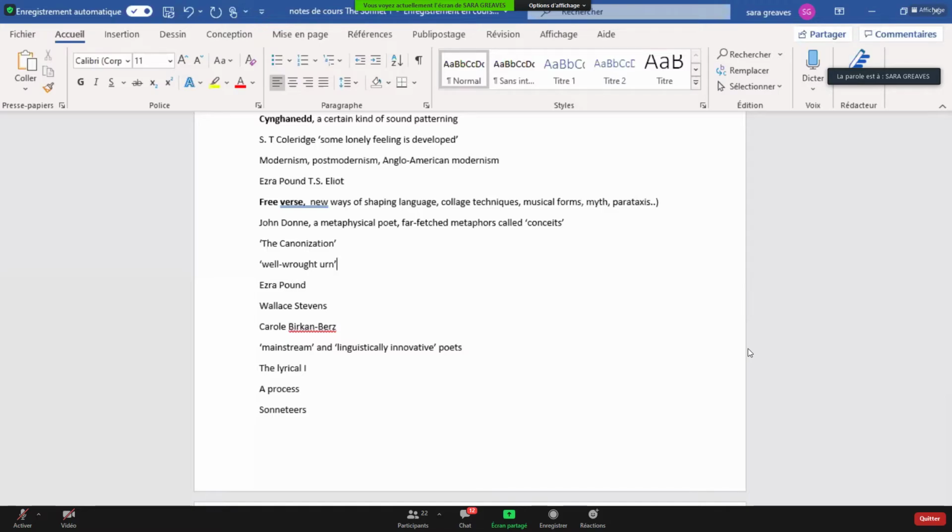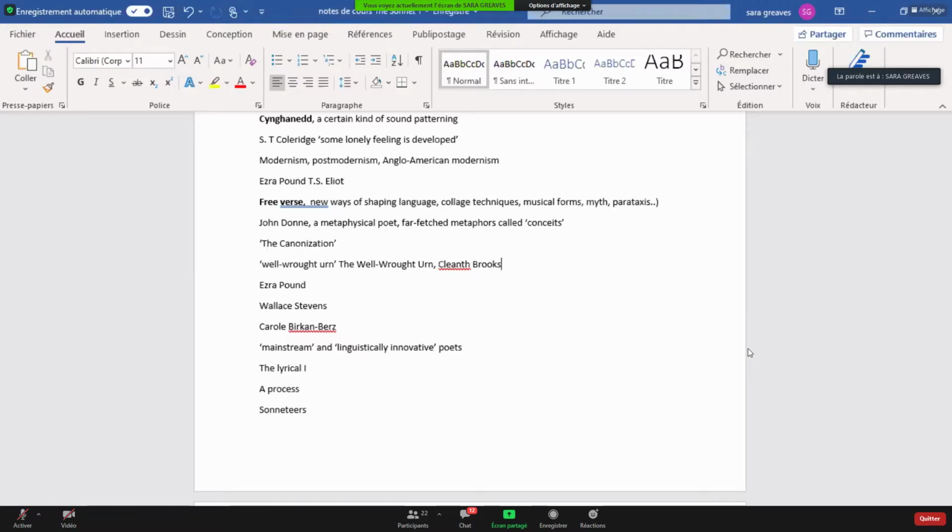For ashes. And so it's the idea of the poem as a monument to death, and The Well-Wrought Urn is the name of a very famous work of criticism, a book by Cleanth Brooks in the 20th century, a work of New Criticism.